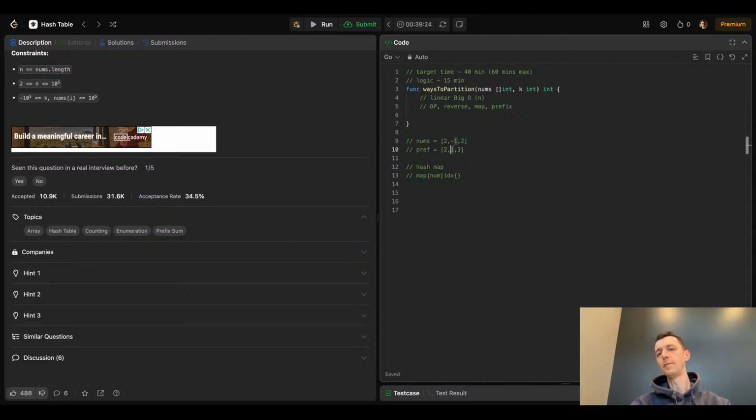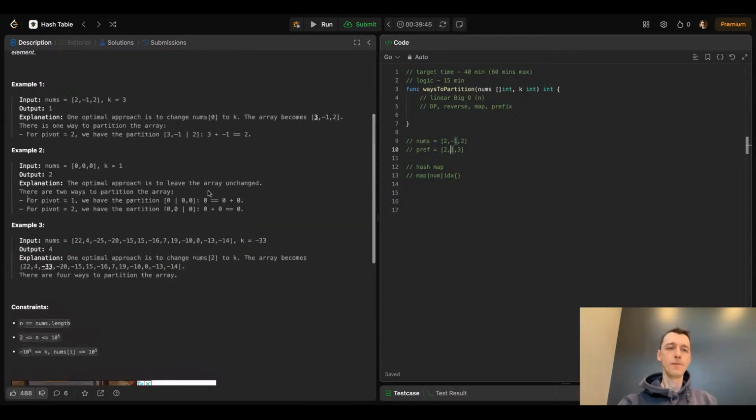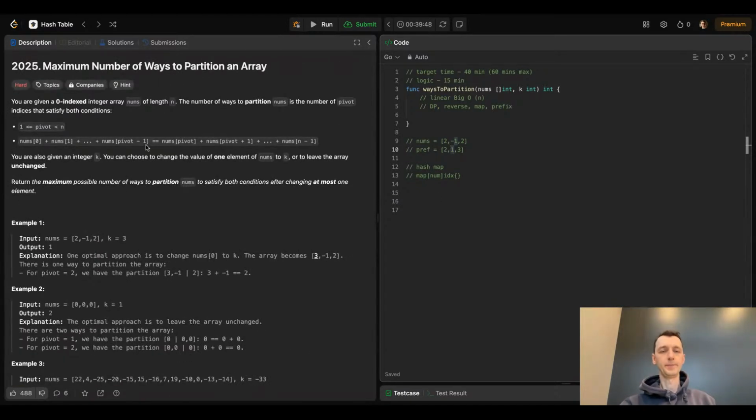So can we somehow use prefix sum with alternatives, those variations when we change a number? But that seems to be many variations. How many variations does it create?